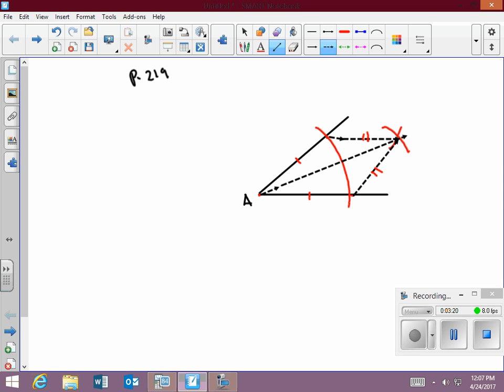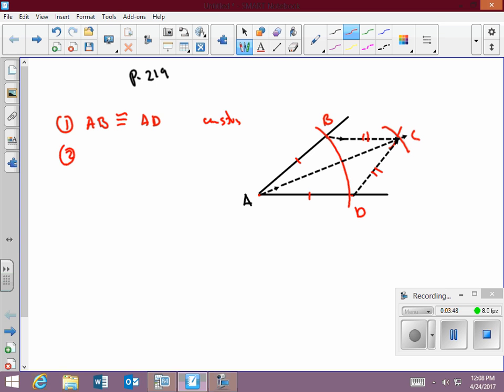So you run this out, and you have created a bisector of the angle. The proof of that is that if you letter it B, C, D, then first of all, AB is congruent to AD, and this is construction.